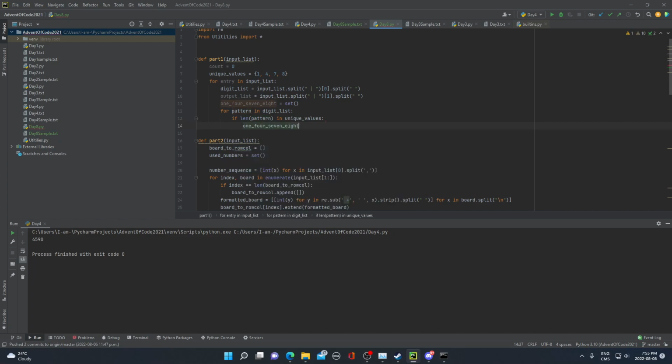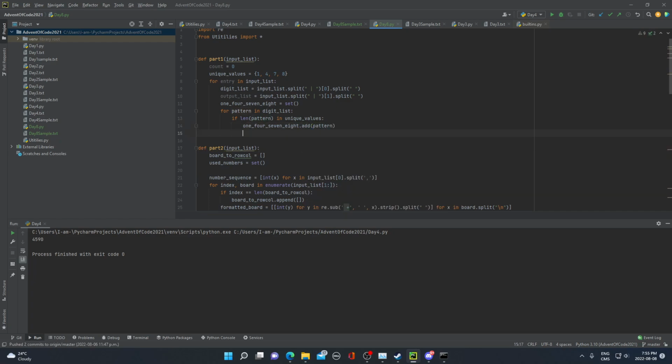We add that pattern into the 1, 4, 7, 8 set.